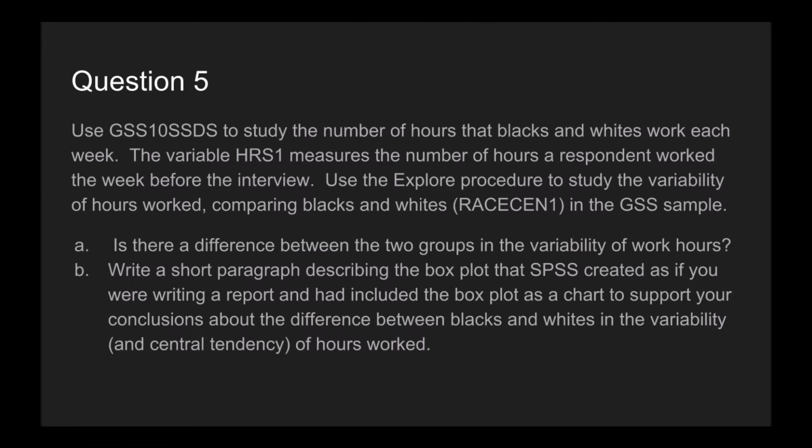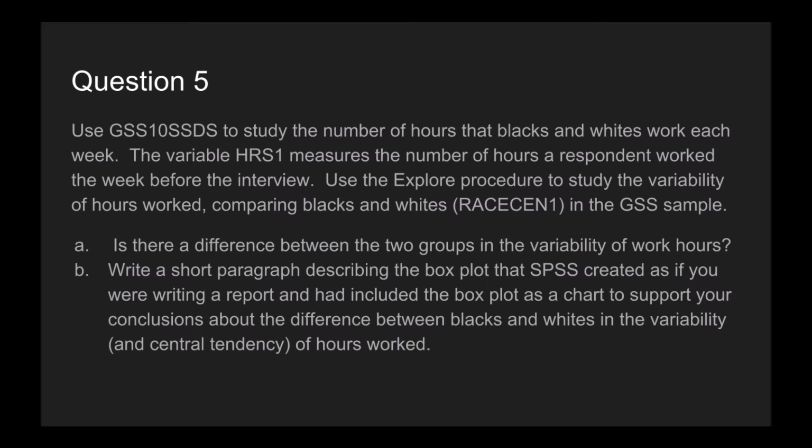For question 5, we're going to use the same data set to study the number of hours that blacks and whites work each week. So the variable we're working with is HRS1, and it measures the number of hours a respondent worked the week before the interview. And we're going to use the Explore procedure to study the variability of hours worked comparing blacks and whites. Race SEN1 is the variable we'll use in the GSS sample.